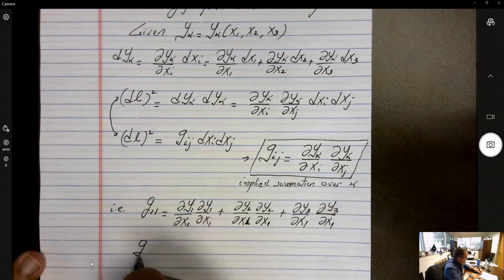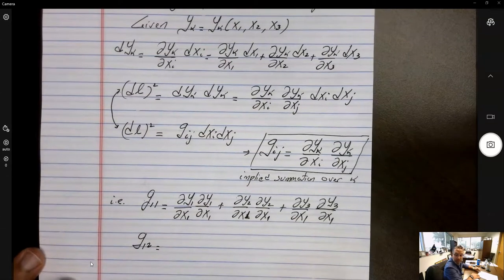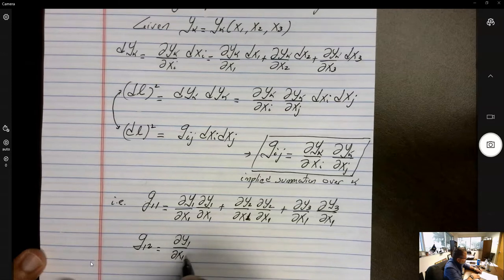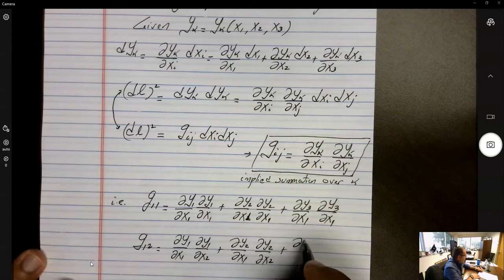Likewise, for example, we can do element 1, 2 of the metric tensor, the second element to the right on the first row. This will be dy1 dx1 dy1 dx2 plus dy2 dx1 dy2 dx2 plus dy3 dx1 dy3 dx2.